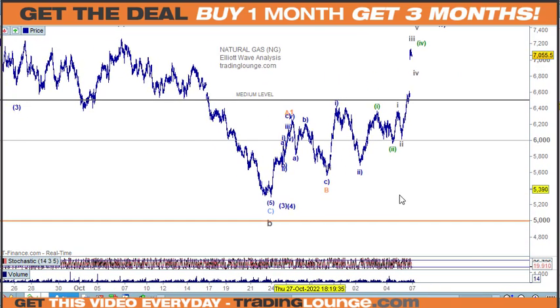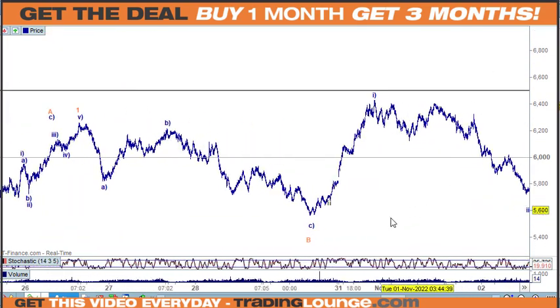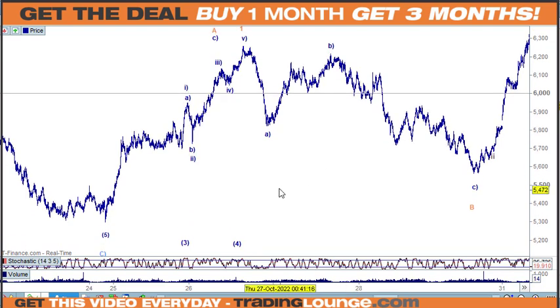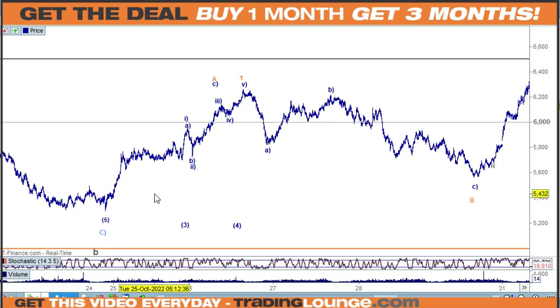Okay, so now over to this point here. When I first counted this, I counted it up as an ABC pattern. There's a couple of ways to do that, but if I was going to count it as an impulsive wave, I would need to look at it as 1 and 2 and 3 and 4 here, and then taking this up to 5 here.